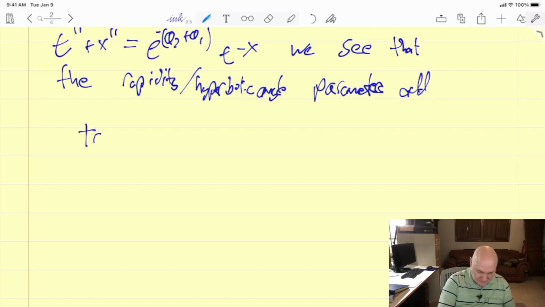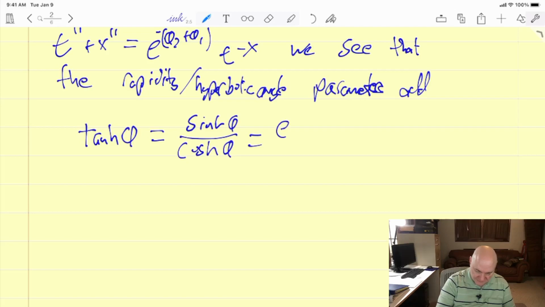It would be easier just to show. Let's take the hyperbolic tangent of phi, which is equal to the hyperbolic sine of phi over the hyperbolic cosine of phi, which is equal to e to the phi minus e to the minus phi over e to the phi plus e to the minus phi.